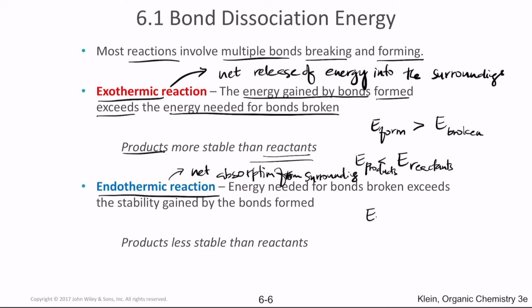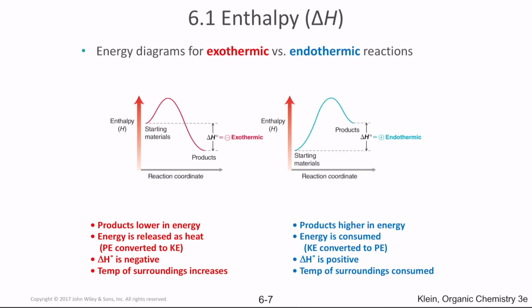Here the energy of the formation is actually less than the energy of broken. Which means that the energy of the products is actually greater than the energy of the reactants themselves. So the products here are generally less stable. Remember that the molecules that have the lesser energy are always the ones that are more stable. So here reactants are more stable in an endothermic reaction. In an exothermic reaction, the products are more stable.